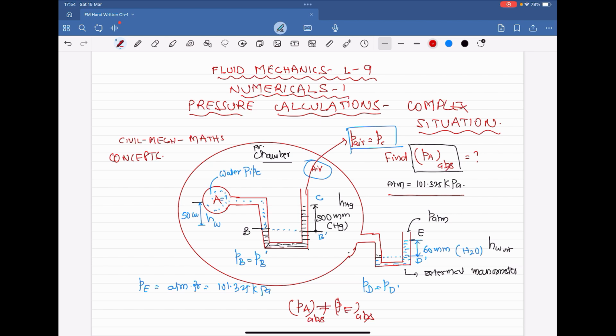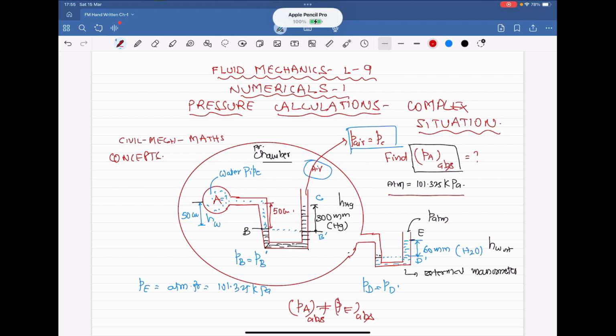Now we have to calculate the pressure inside the water pipeline and also the absolute pressure. This height is 50 centimeters. Now everything is given here.